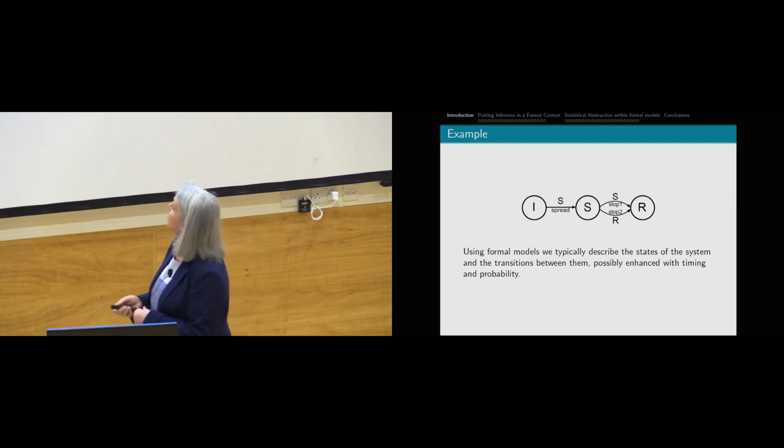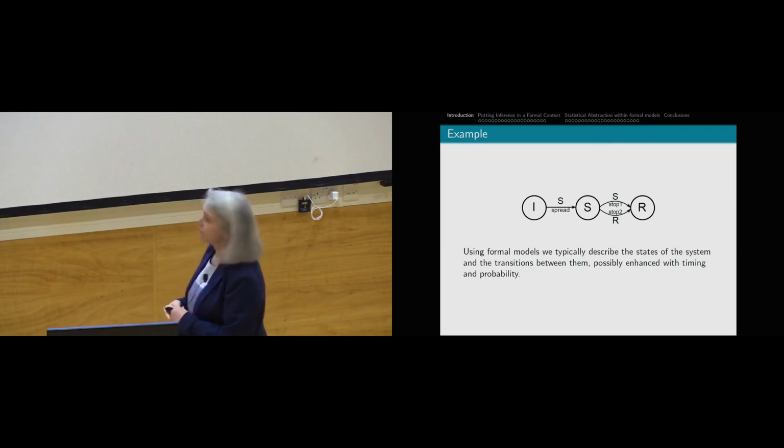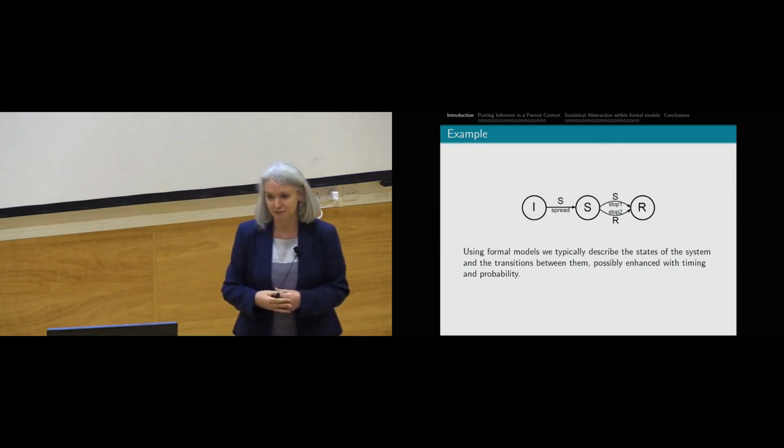Okay, so we have 3 different states for people in this system: innocent, spreader, or repressor, and we have these different actions that can take place. We can have a spreader interacting so that an innocent becomes a spreader, or we can have stop 1 where we interact with a spreader and become a repressor, or stop 2 where the spreader interacts with a repressor and becomes another repressor.